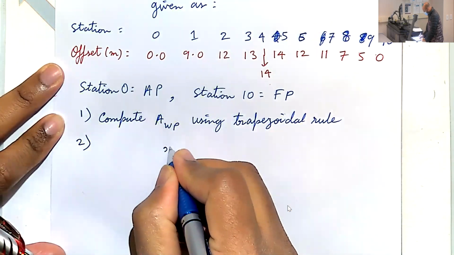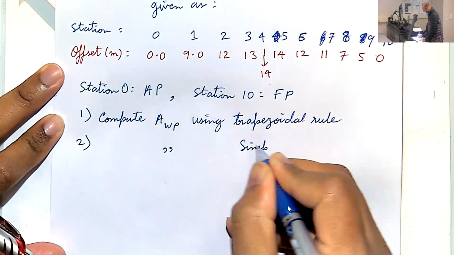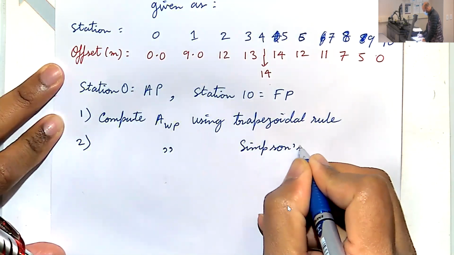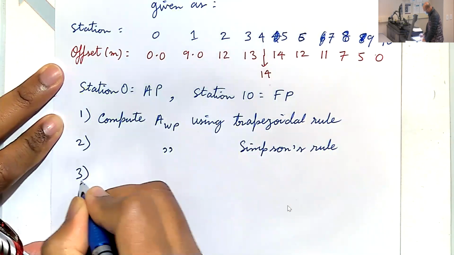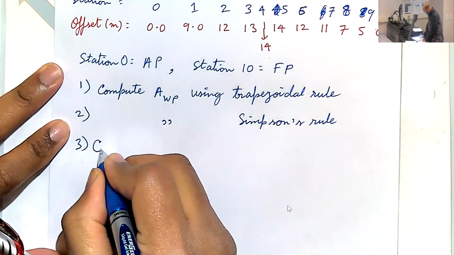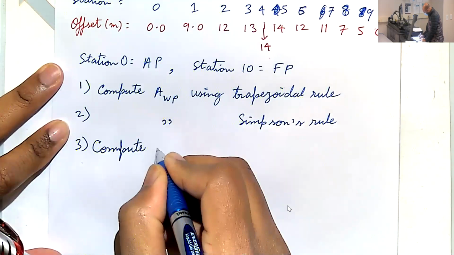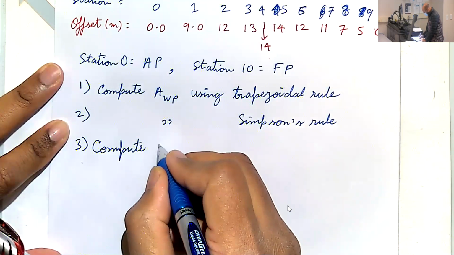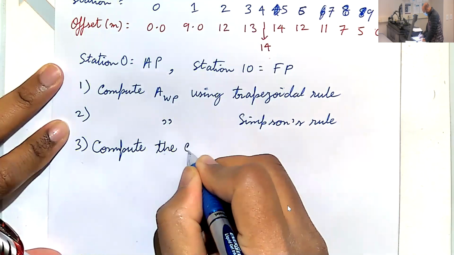Number 2 is do the same using Simpson's rule. Compute the centroid.